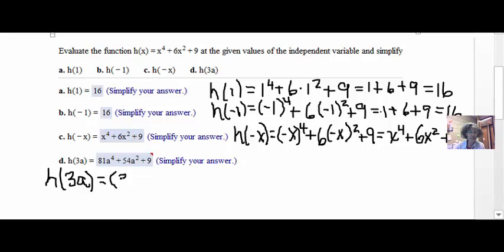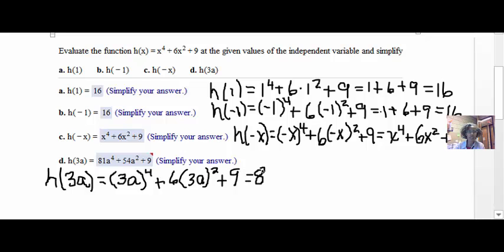We do have to parenthesize that 3a. Plus 6 times 3a to the 2nd power plus 9.